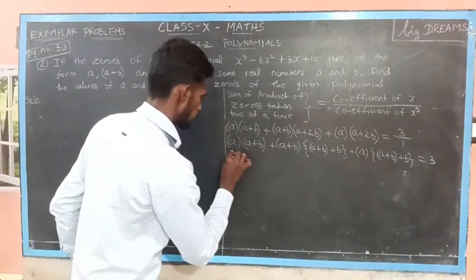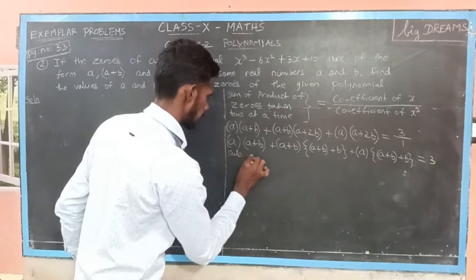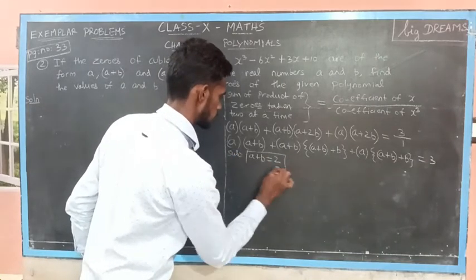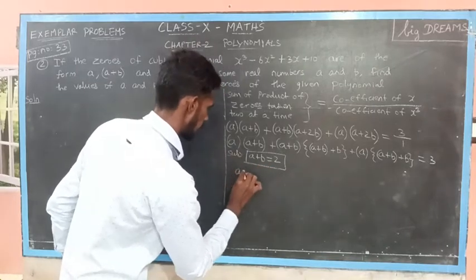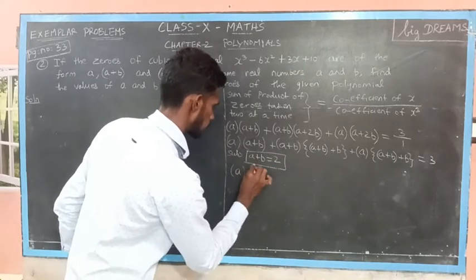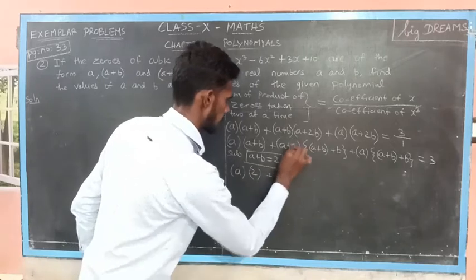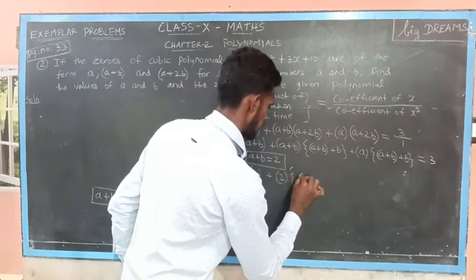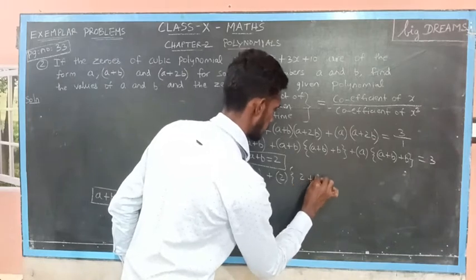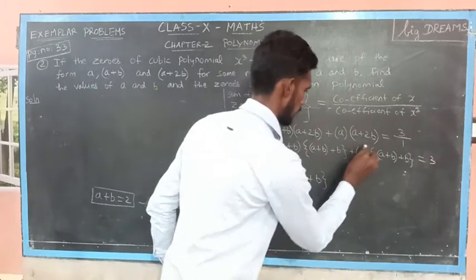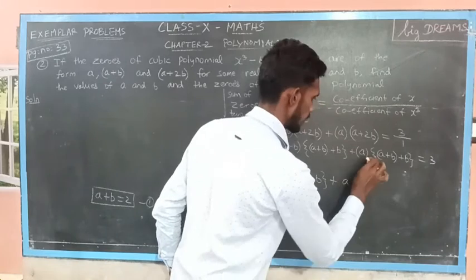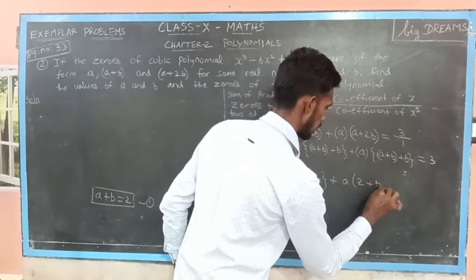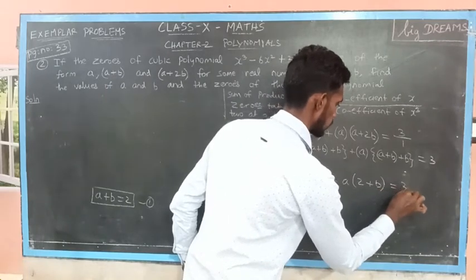Okay. So, now substitute a plus b is equal to 2. Now, it will be a into a plus b, which is 2, then plus a plus b, which is 2, into a plus b value 2 plus b, then plus a into 2 plus b, is equal to 3.